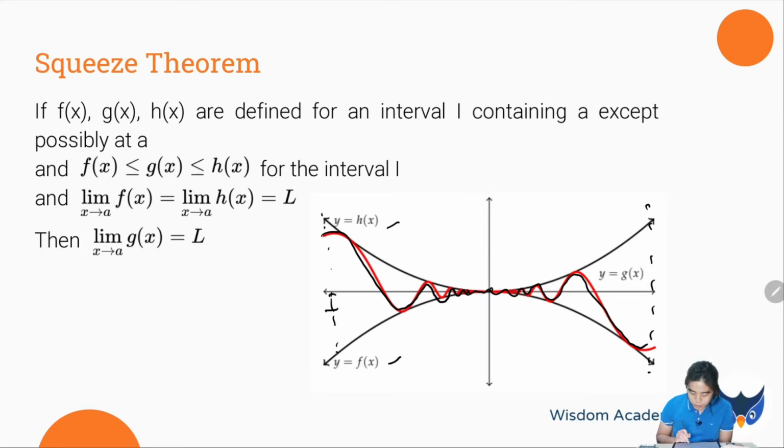So, kung yung limit ni h of x at a certain point is equals to the limit of f of x on a certain point, then the limit of g of x on that point will be equal to their limits. Okay? So, ibig sabihin, pare-pareho sila ng maging limit on a certain point kasi in between sila each other. So, yun lang yung sinasabi ng squeeze theorem.